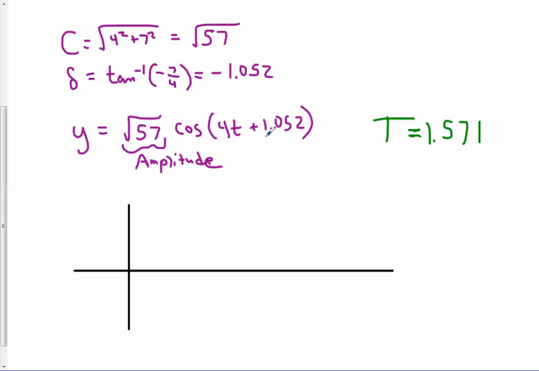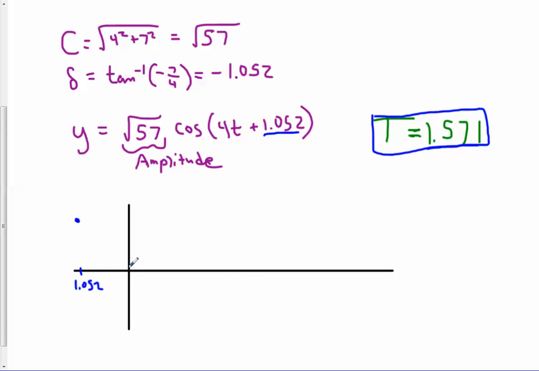All right, so based on the phase shift, delta was actually negative, so this is plus 1.052. So this actually got shifted to the left by 1.052. So 1.052 is where we start the standard cosine, which starts at the top of its peak. So we're up there. And then we know that this is going to do one full cycle in 1.571.